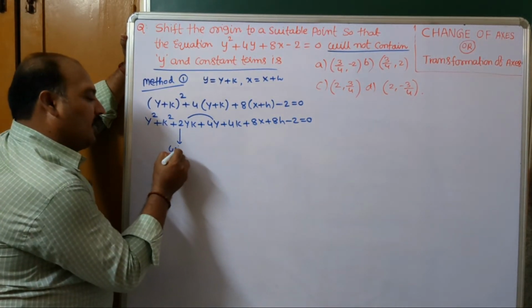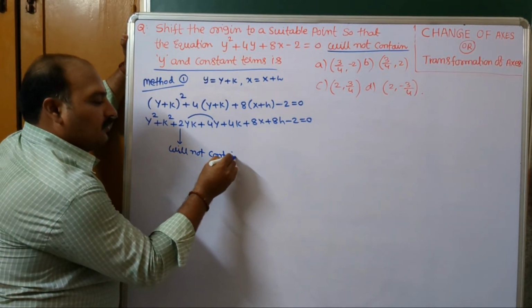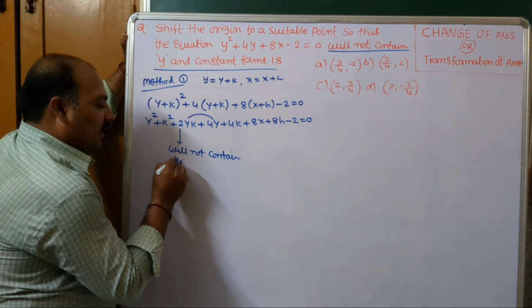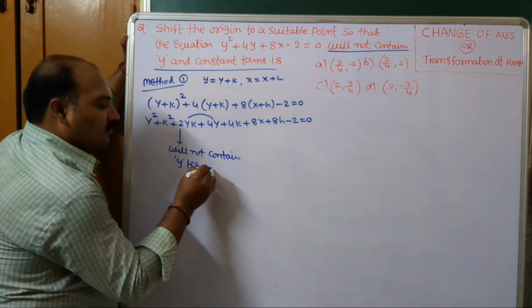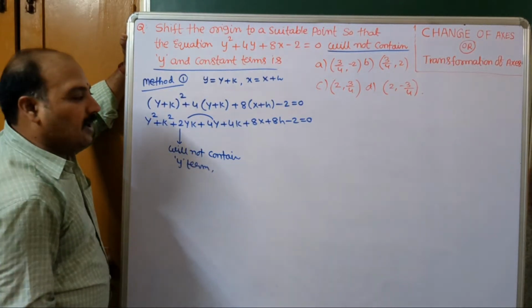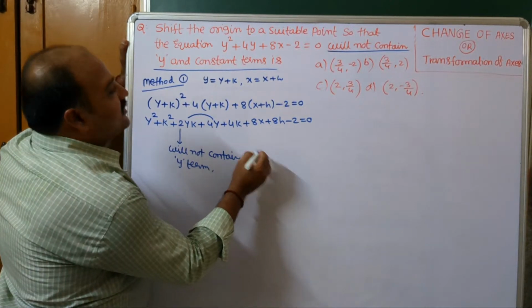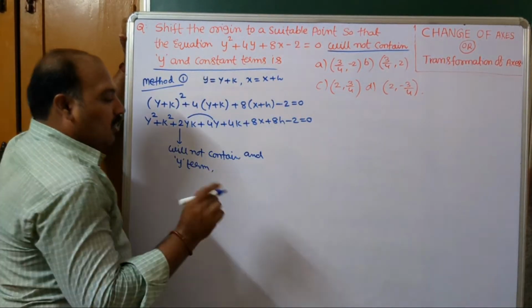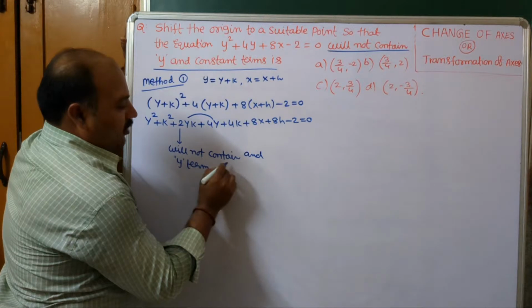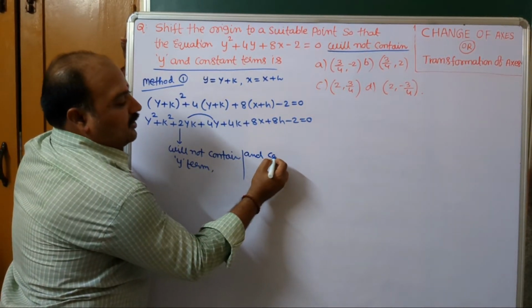Will not contain y term means this term goes to be 0. Keep in mind, dear students, and also it will not contain the constant term. Will not contain y term and constant term.